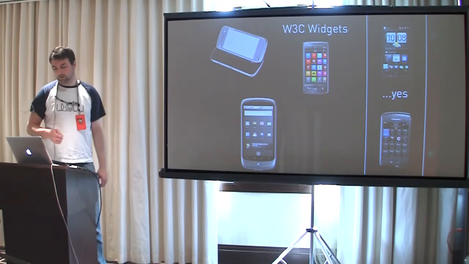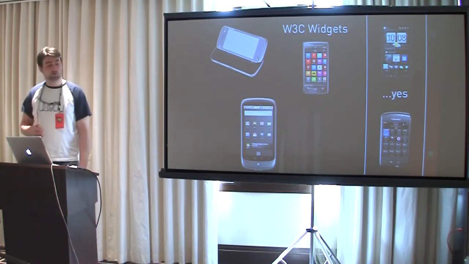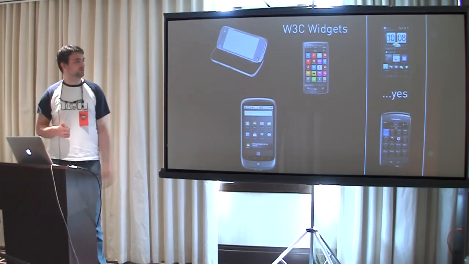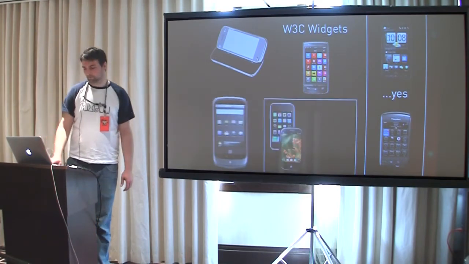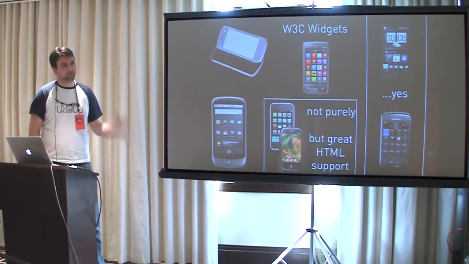And the same is true for the BlackBerry device. Since BlackBerry operating system 5.0, you can also place W3C widgets there. And of course there's the iPhone and Palm Pre, and they really have the best HTML support.